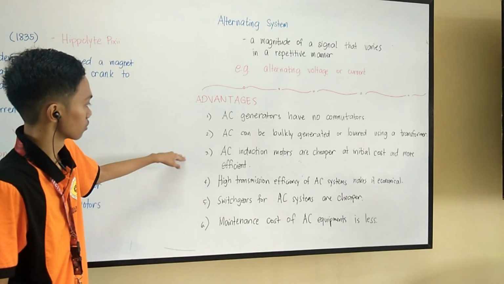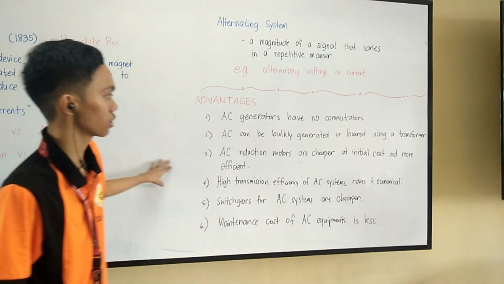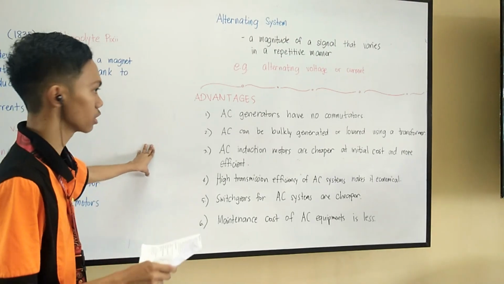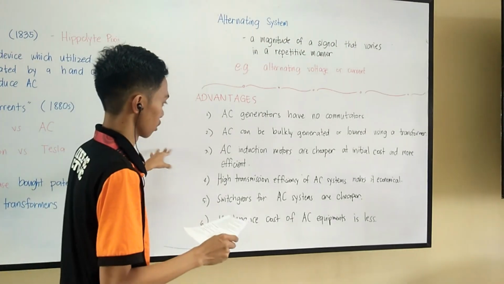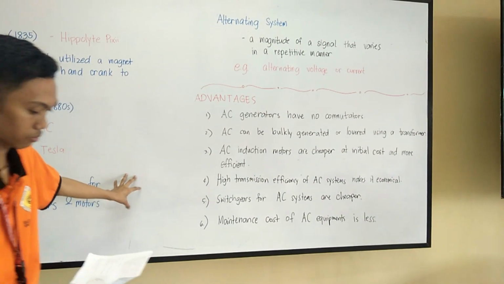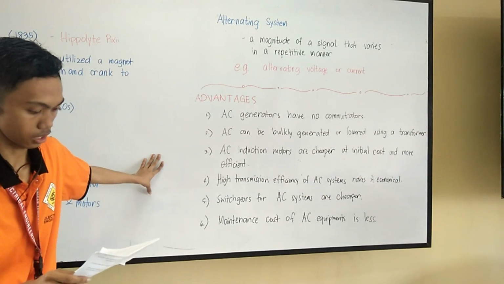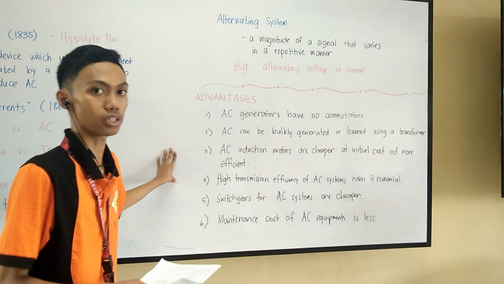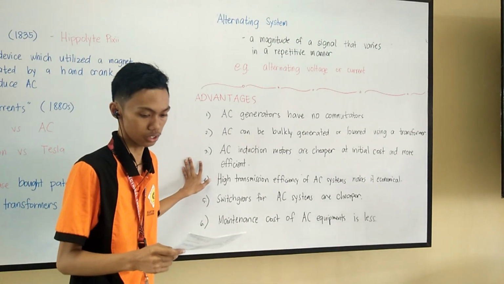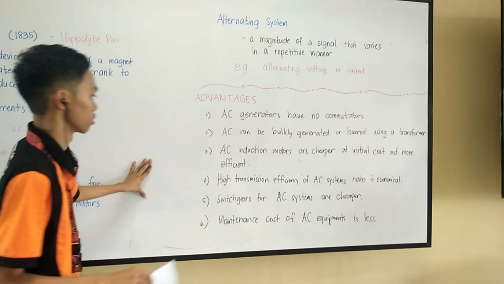Next, AC induction motors are cheaper at initial cost and more efficient, and in constant speed work, they are much more reliable than DC motors.